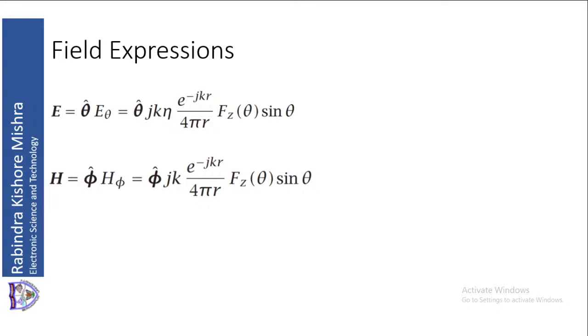So that will be theta cap jk eta exponential minus jk r by 4 pi r Fz sin theta. H is equal to phi cap H phi, which is equal to phi cap jk exponential minus jk r by 4 pi r Fz sin theta. Fz expression we have found out. Just put the expression for Fz, and we will get the expressions for E theta and H phi.